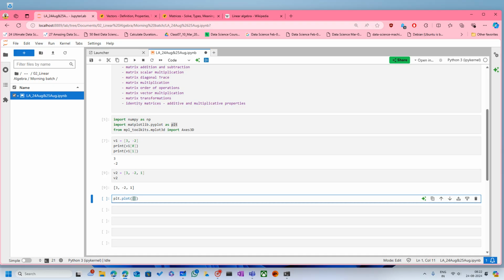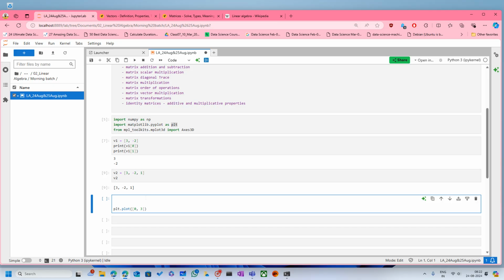Now you know the first point, it's starting at 3. For the time being I will directly type those values. Let's say 3 comma -2. I will explain why this is like this. 0 comma 3, because the point I'm trying to plot is a two-dimensional vector going from 0 comma 0 to 3 comma -2.